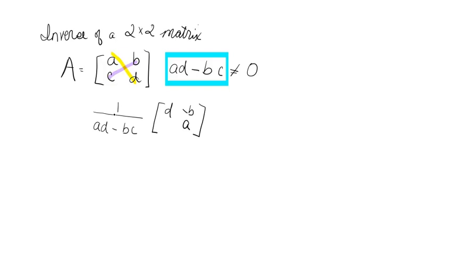Negative B and negative C. So you can find the inverse matrix of a 2 by 2 matrix by taking 1 over the determinant. That becomes a scalar, and you multiply that scalar by, instead of A, B, C, D, by D, negative B, negative C, A.